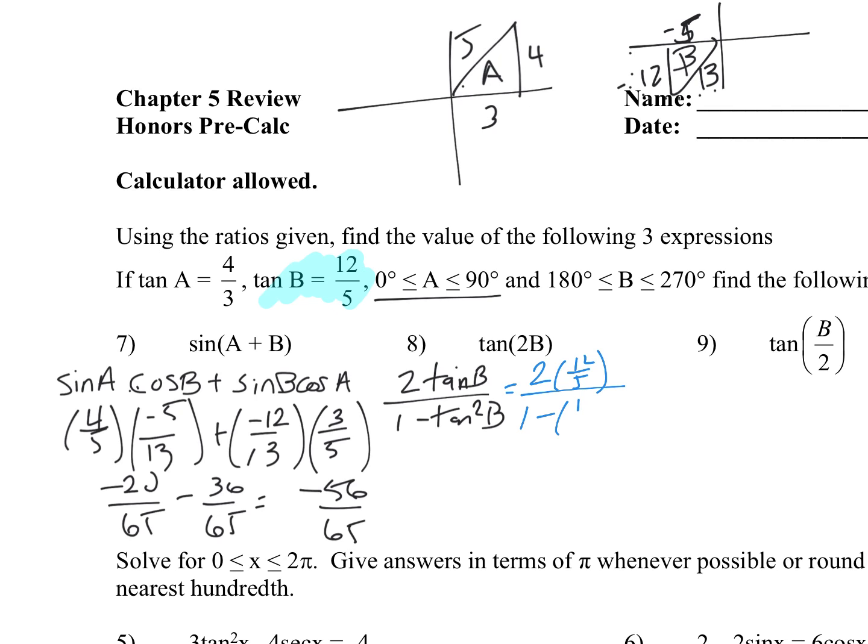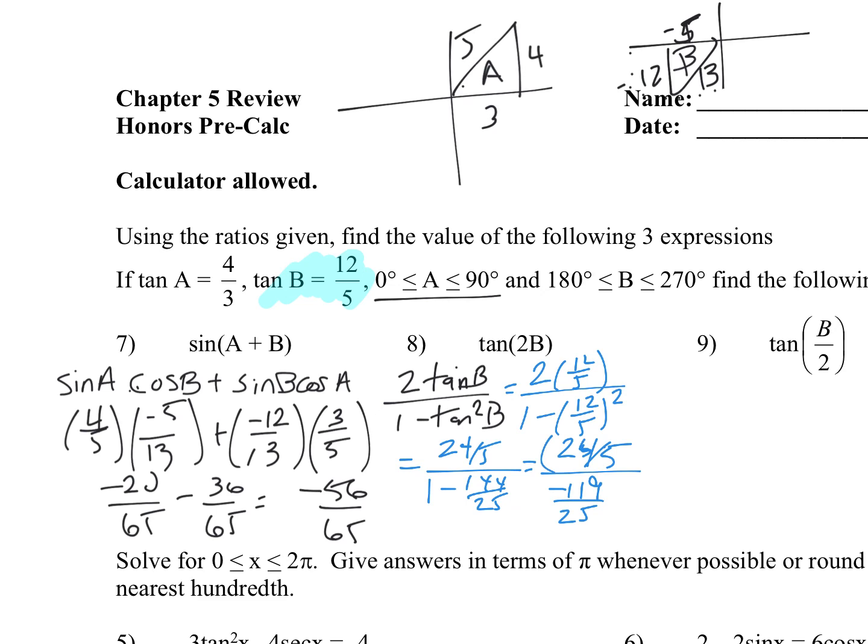So this is more annoying than anything else. You have to actually compute these two fractions. So I get 24 over 5 over 1 minus 144 over 25. This fraction in the denominator will become negative 119 over 25.